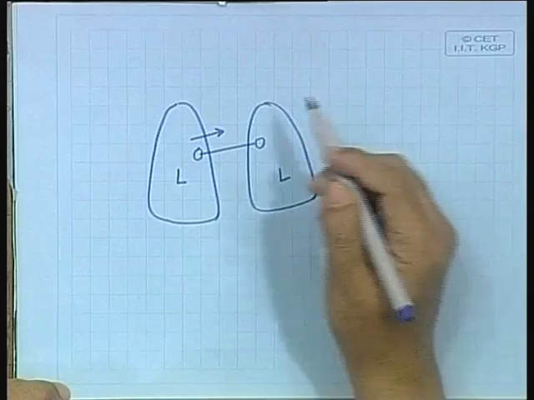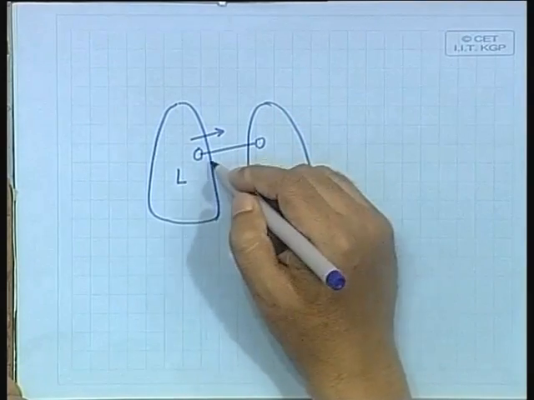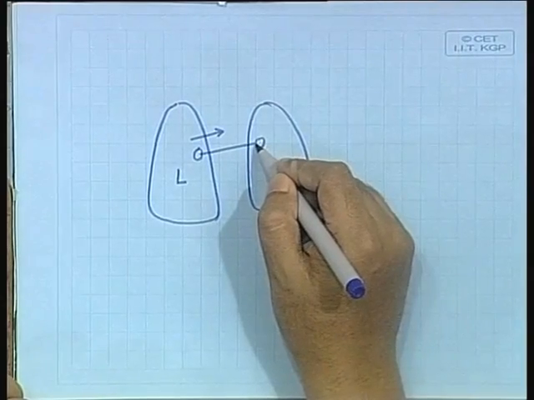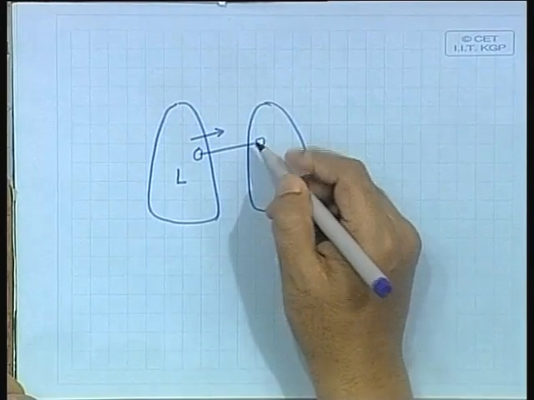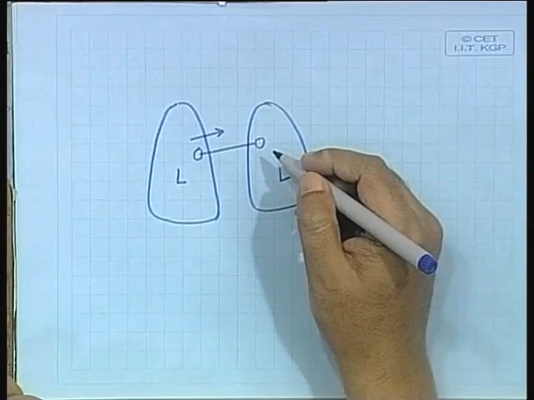Now, we will not allow this one to join until this one also feels that this is the minimum weight outgoing edge. And why are we not going to allow that? Because it's not its minimum.